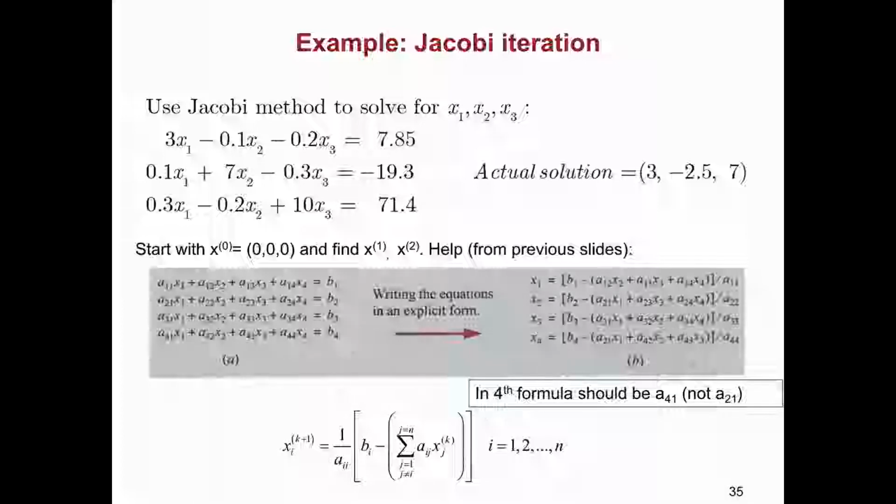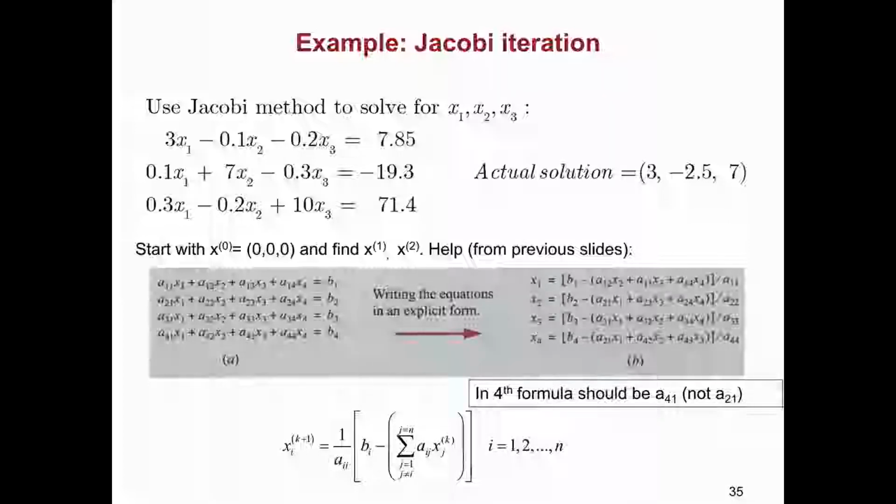So this is my 3x3 system, so it's a little smaller. And I've given the actual solution. So I want you to take a piece of paper and rewrite this 3x3 system the same way. That's what I did here.